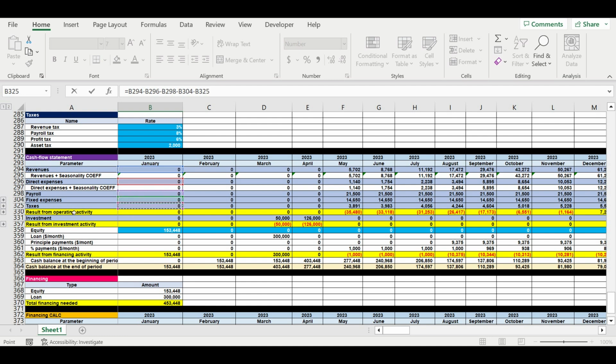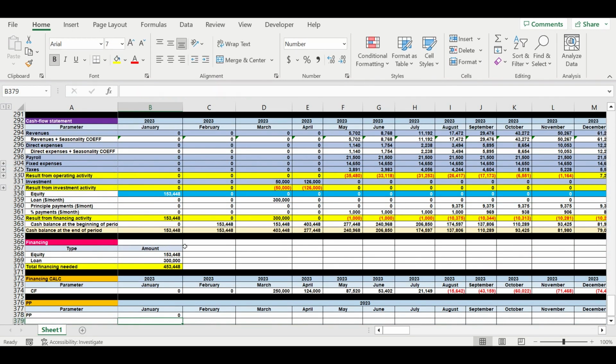This will be the result from operating activity. Then I'm taking minus total of investments. This will be the result from investment activity. Then I'm taking minus principal payments, and minus interest payments for the loan that we may take to finance our business idea. And then I will press enter.